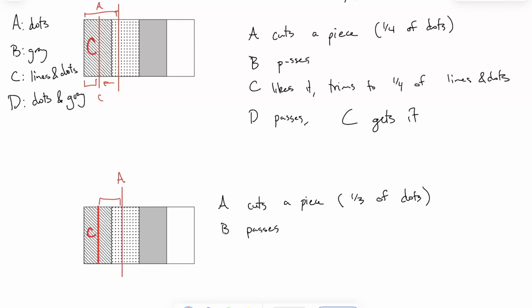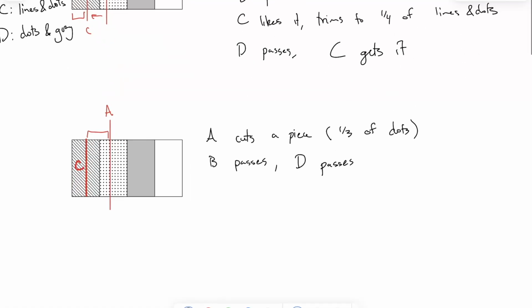It only has a little bit of the dots, but not 1/3 of the dots and the gray area, right? In fact, it only has 1/3 of the dots area. So D also passes. All right, and that means that A gets it because nobody trimmed it, and so the original cutter counts as being the last diminisher. So this is now A's piece right there.